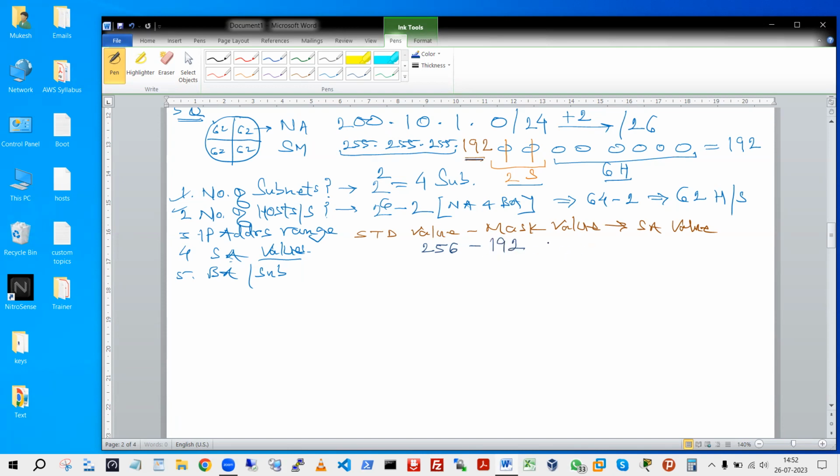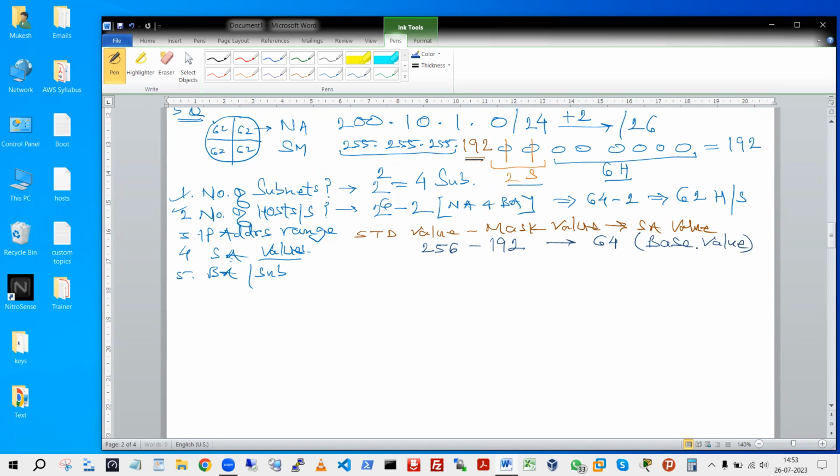So your subnet address value becomes 64. This value is 64. Of course, this is the subnet address value. And this is also known as base value. जो पहला कैलकुलेशन है आपका वो सबनेट एड्रेस वैल्यू तो होता ही है, उसे बेस वैल्यू भी बोलते हैं.